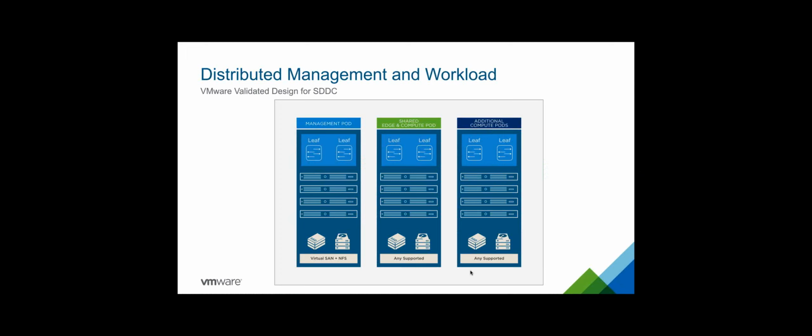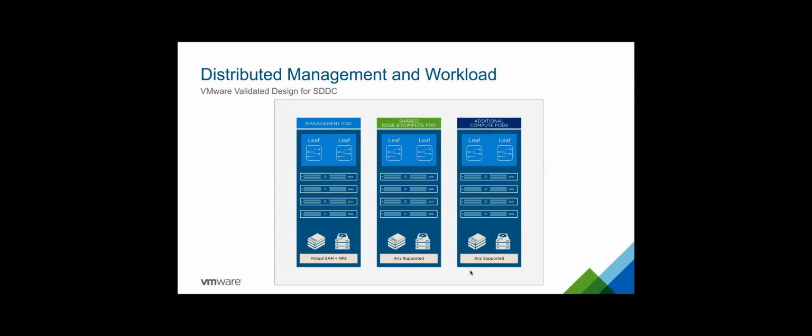VMware's been talking about management clusters for quite a long time now, almost as long as I've been using the products, and mine goes back to 2005, not as long as others. But the concept of using a management cluster, right? The management cluster is where I'm going to put the key pieces: my vCenters, my PSCs, my NSX managers, all my vRA, Log Insight, all the pieces that are going to instantiate and operate the SDDC.